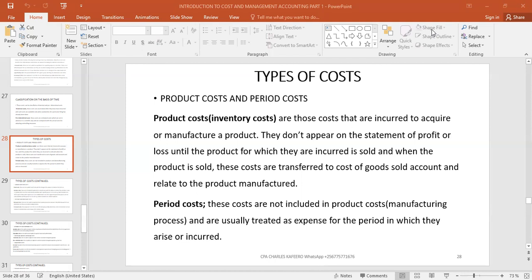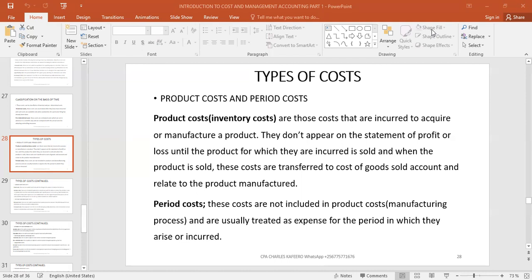I'm giving them in two ways because some of these costs are related, and it will be easy for you to understand and pick the information.